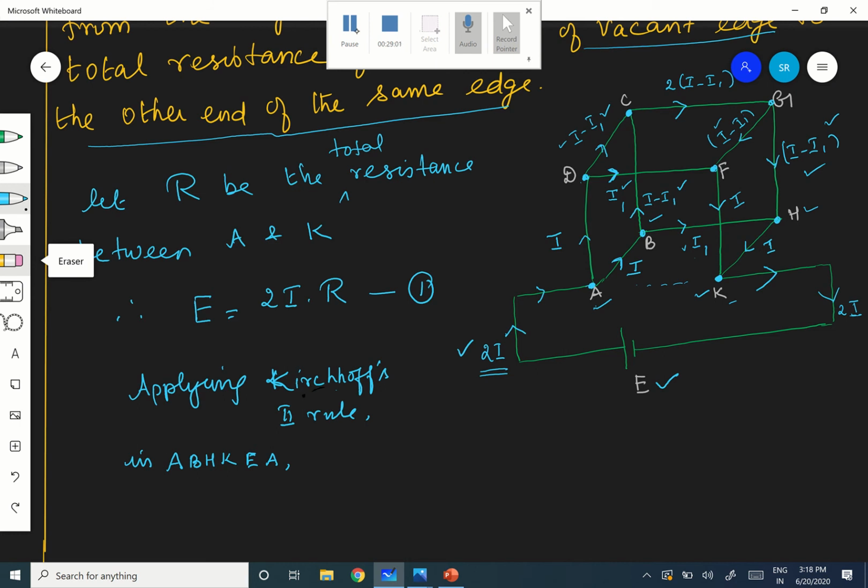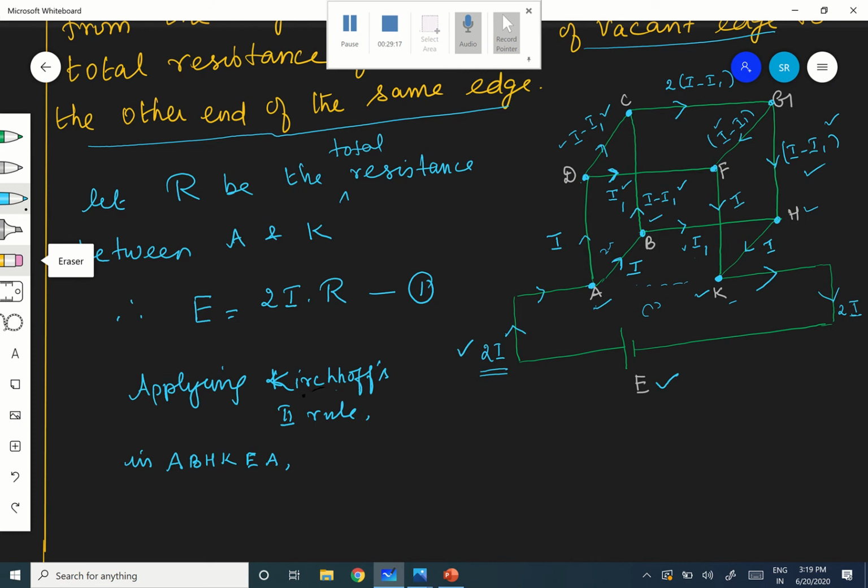Every side has a resistance of 2 ohms, right? Therefore, first, what is the direction? The current is in the clockwise direction, correct? In this closed loop, the current we have considered is clockwise, therefore current has to be positive.